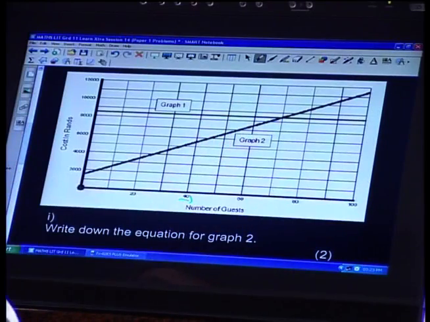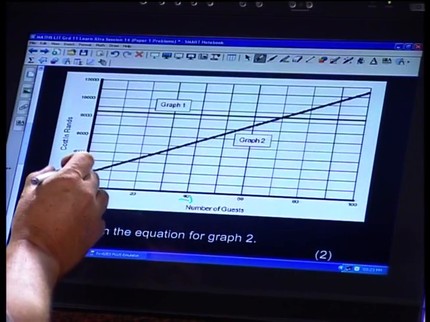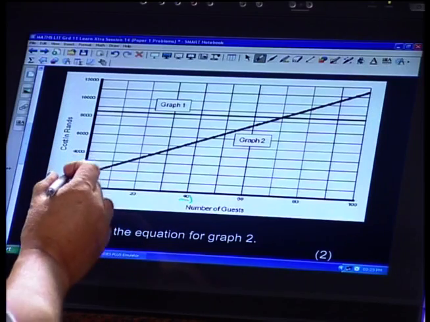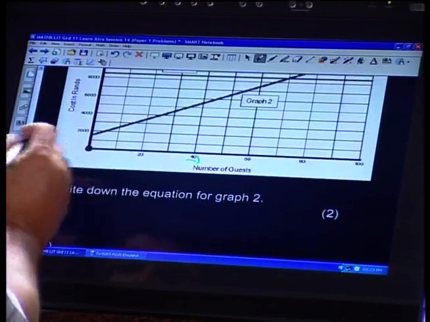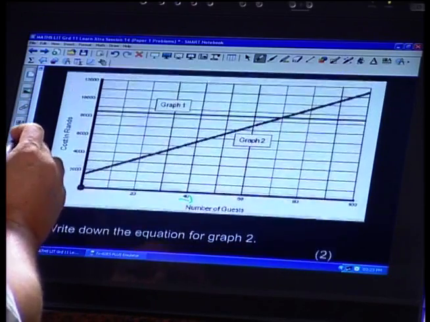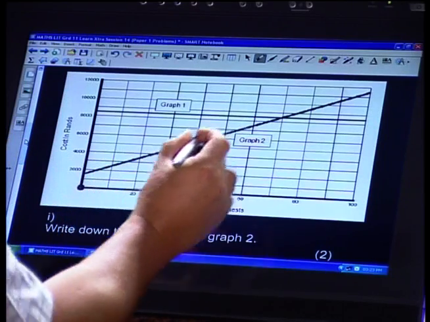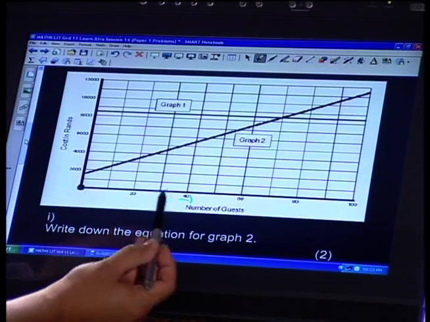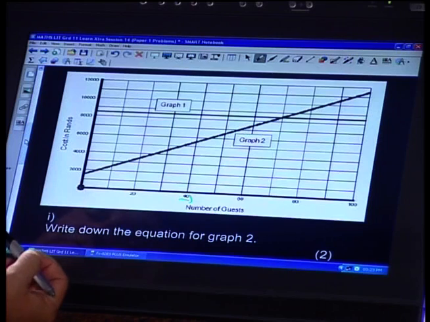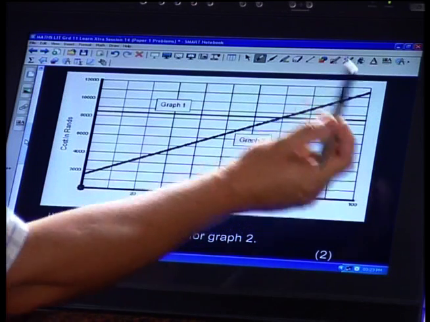Now, graph number 2. Remember, it starts off with 1,500 and thereafter it's going to cost a further 100 Rand per guest. Okay, so 100 Rand for every guest. So now you can see the more guests I have for graph 2, the more it's going to land up costing me.